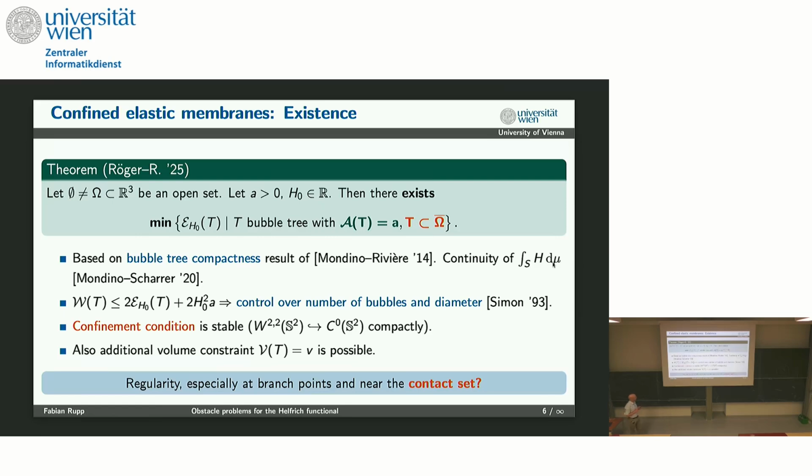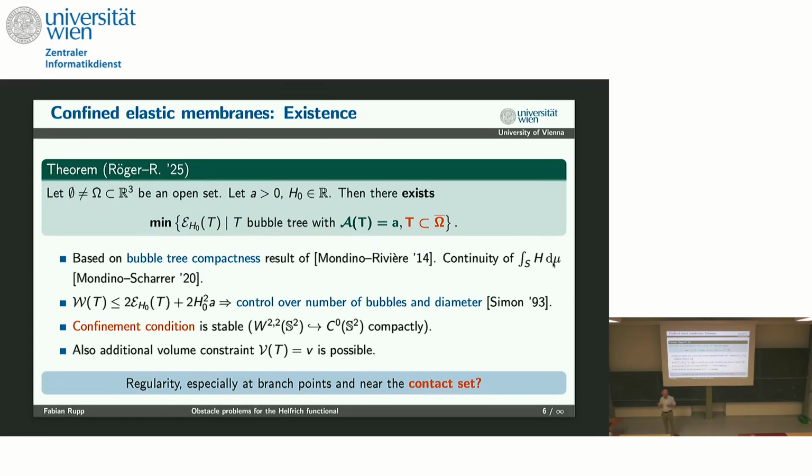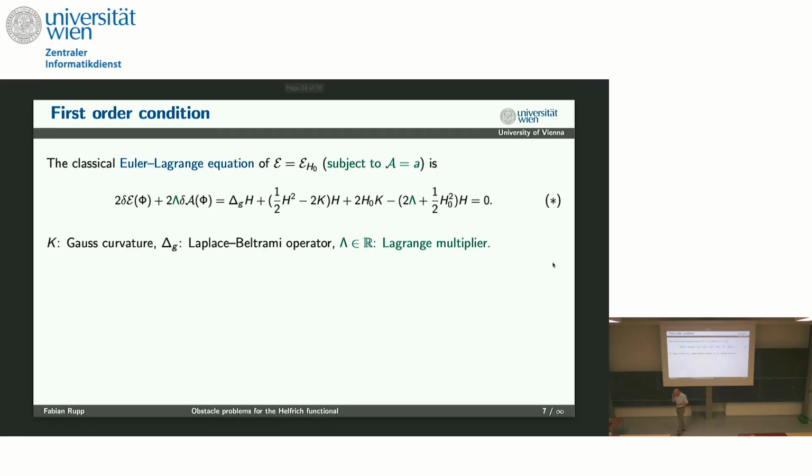Good. So for proving regularity, our approach uses this parametric formulation of the problem, and what we would like to do is to use a first order condition to use PDE theory. But already in the classical Willmore energy, without any confinement at all, there's an obstruction.